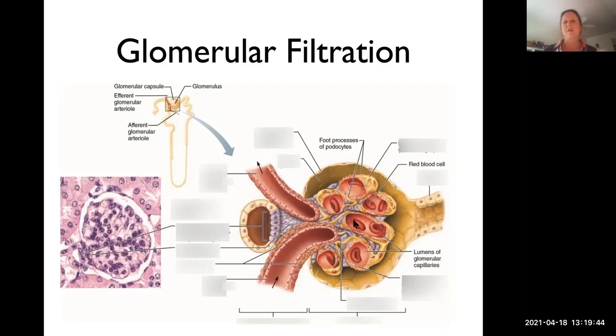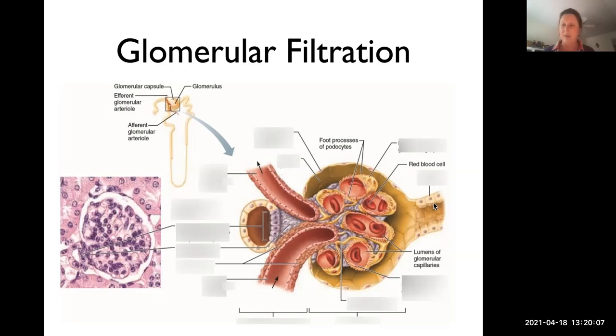So if we think about filtration producing a certain amount of fluid that's collected in a unit of time, in 1 minute, that volume is passing into the proximal convoluted tubule.